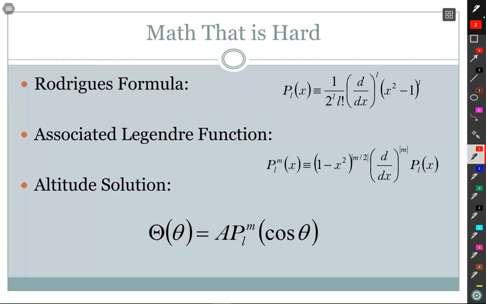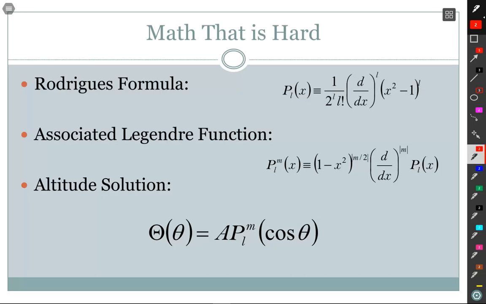Okay, let's start with things. We have 1 over L factorial. What immediate limit does that set on L? Has to be greater than 0. We have a derivative, the Lth derivative.